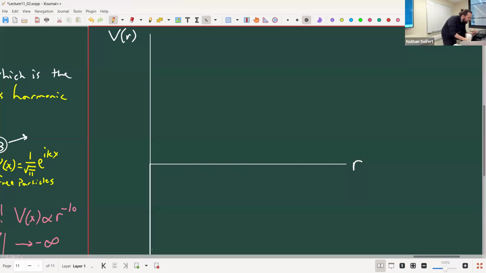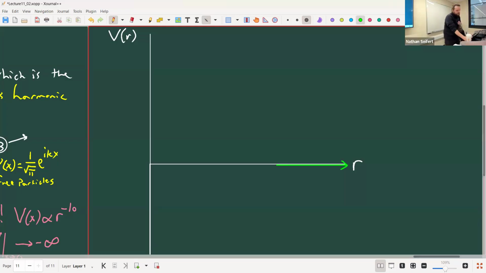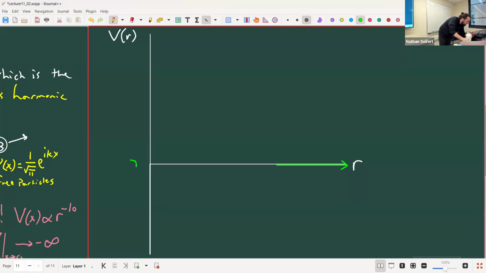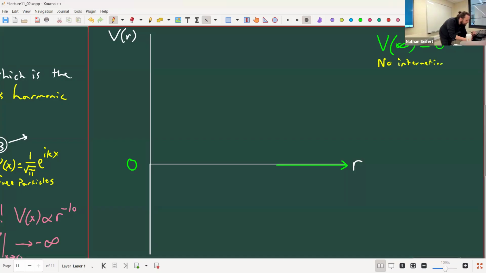So this function goes to 0 as R goes to infinity. I'm going to draw it in green. At this limit, it basically looks like a flat line, 0. We'll define V of infinity equals 0, which means no interactions between atoms.